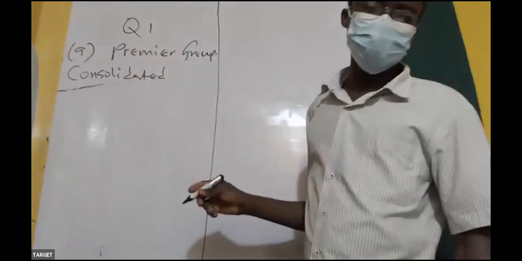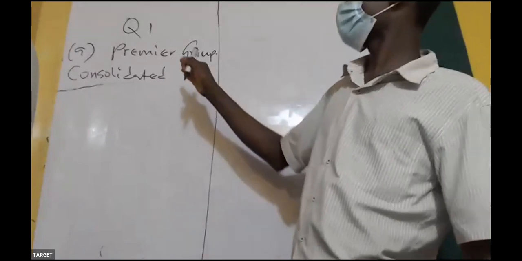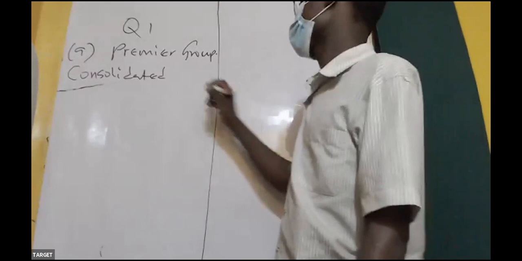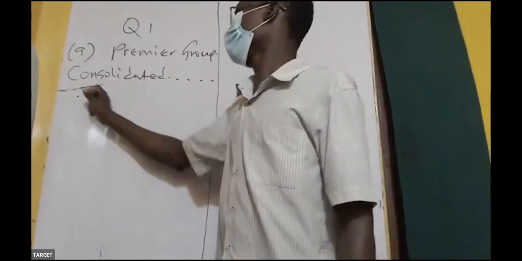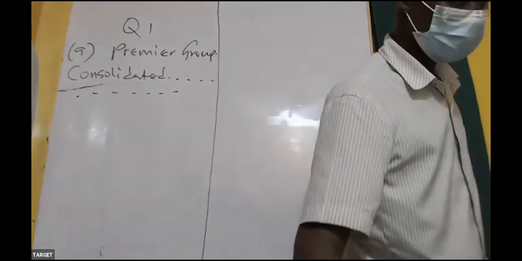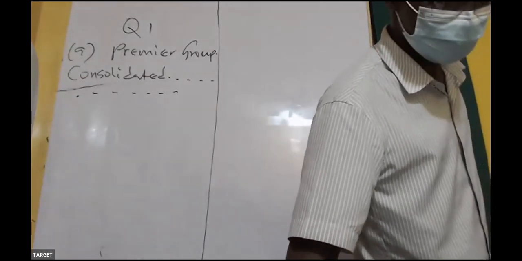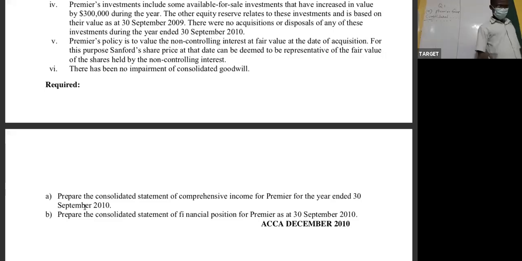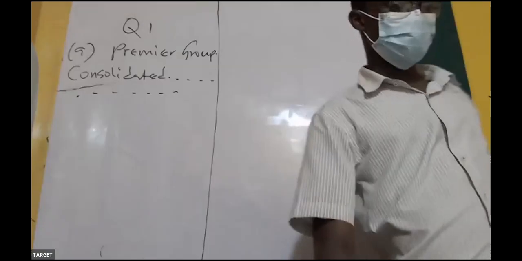Then you continue: consolidated statement of comprehensive income for the year ended. So copy everything. You see that? Just the requirement, summarize everything. If I want to write all, it's a consolidated statement of comprehensive income for the year ended.